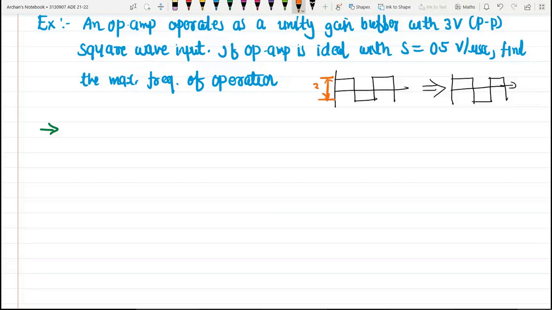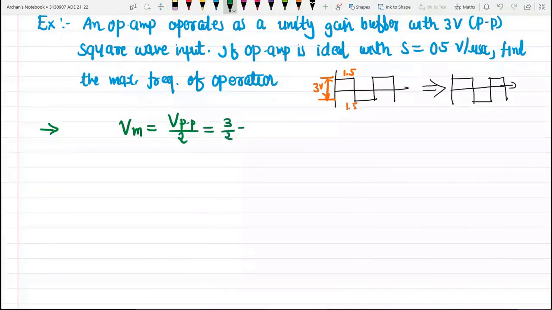That means half, 1.5, will appear above the baseline and 1.5 will appear below the baseline. So the peak value Vm will be equal to peak to peak voltage divided by 2, that is 3 by 2, which is equal to 1.5 volt.